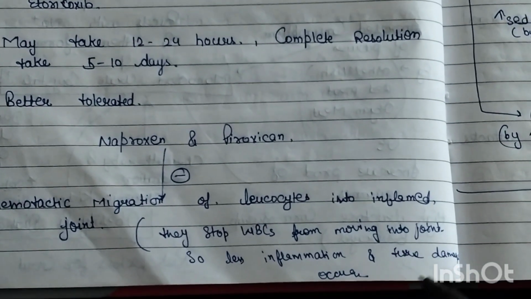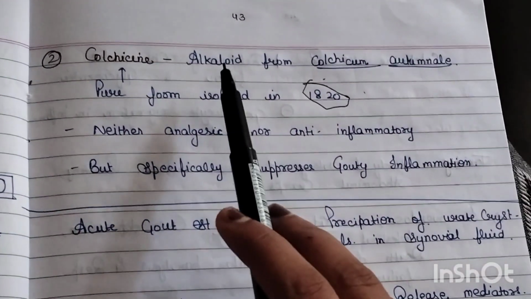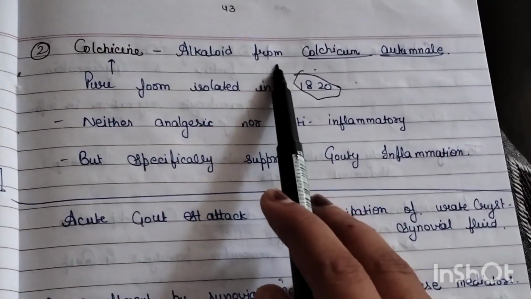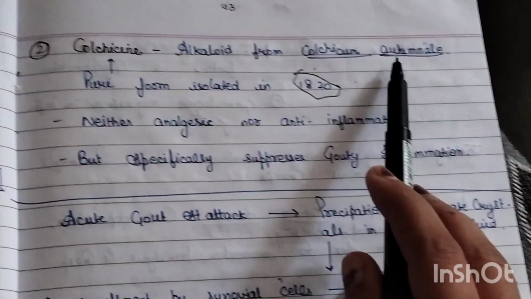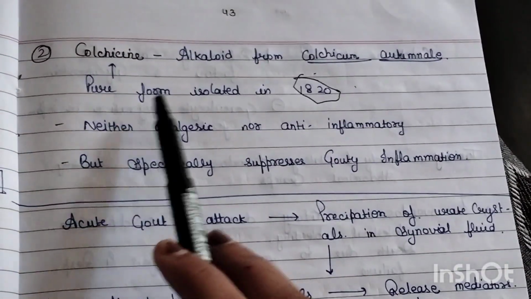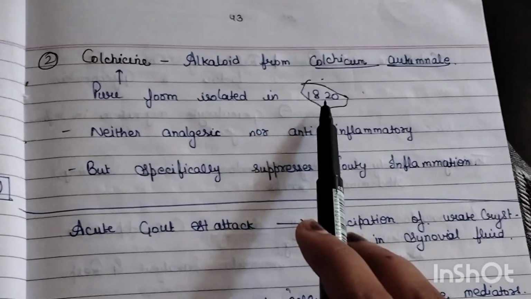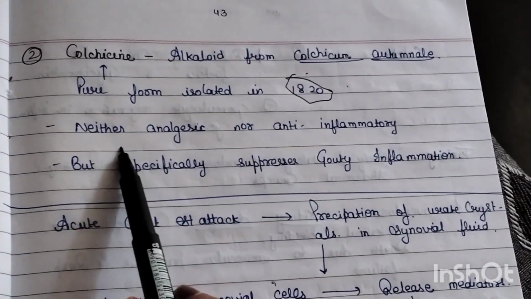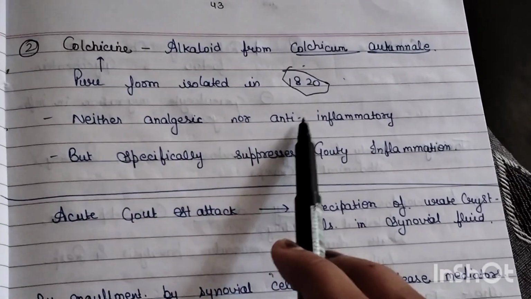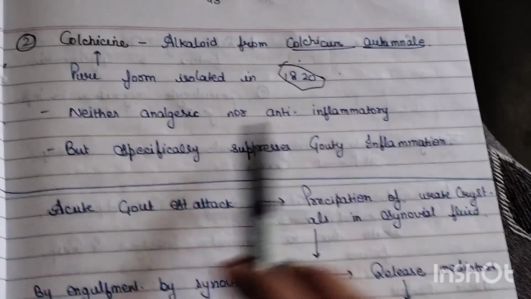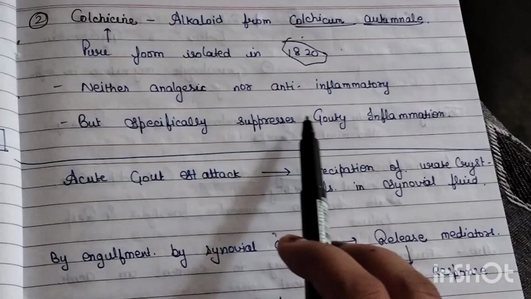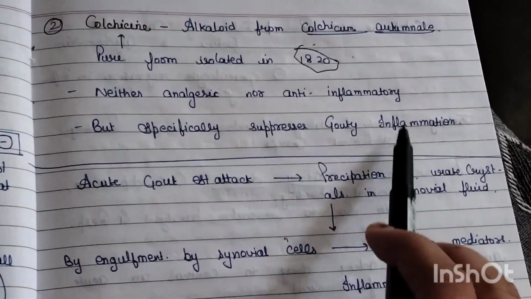Now we will study the colchicine drug. It is an alkaloid obtained from Colchicum autumnale. It was isolated in pure form in 1820. It is neither an analgesic nor anti-inflammatory, but it specifically suppresses gouty inflammation.